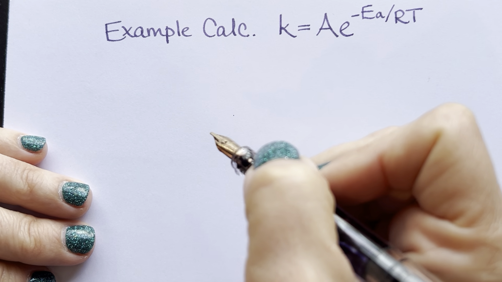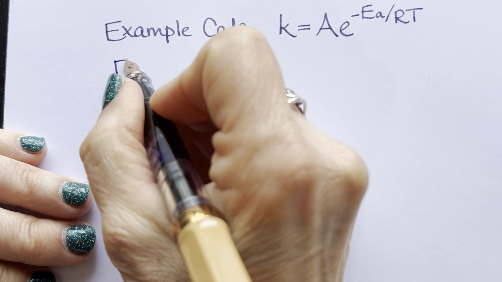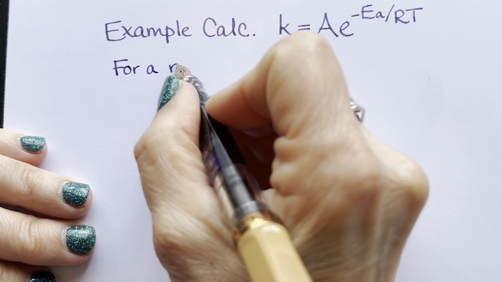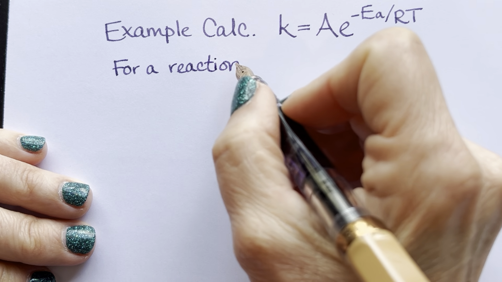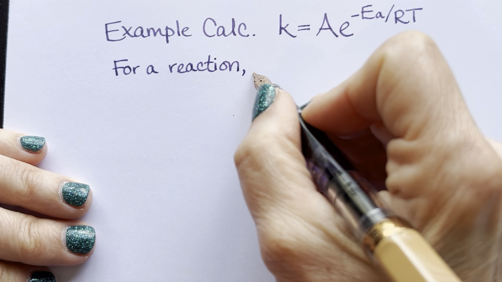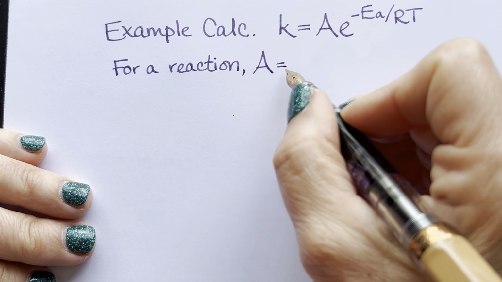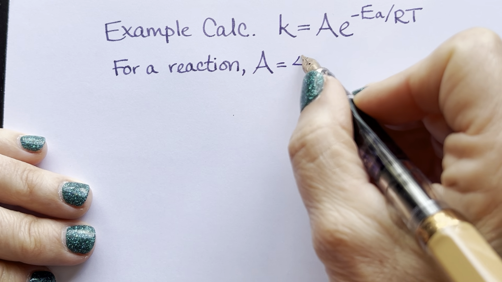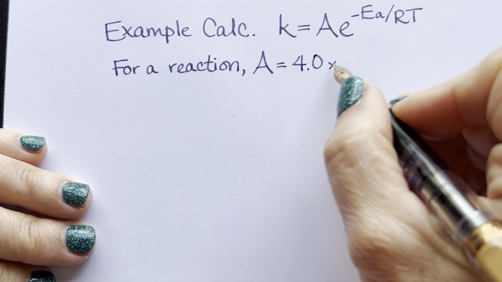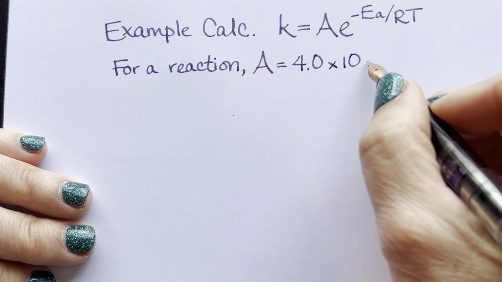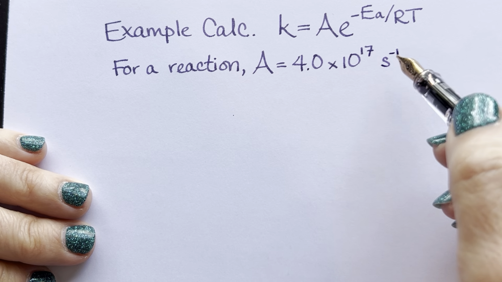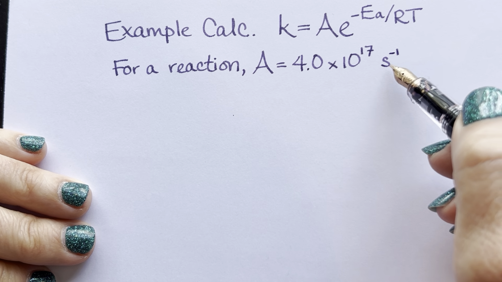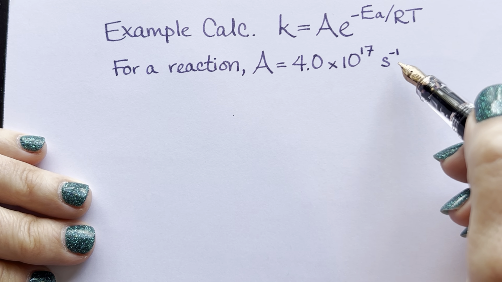So let's look at a case where, for a reaction, it's known that the value of the frequency factor is 4.0 times 10 to the 17th per second. These units are consistent with a first order reaction.